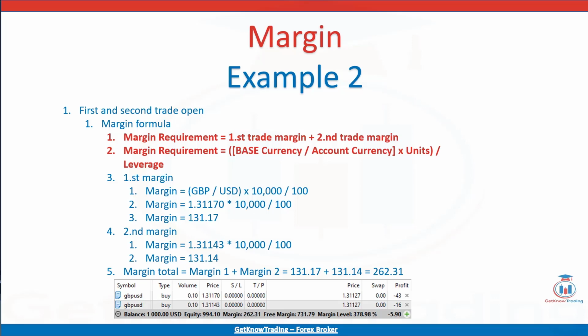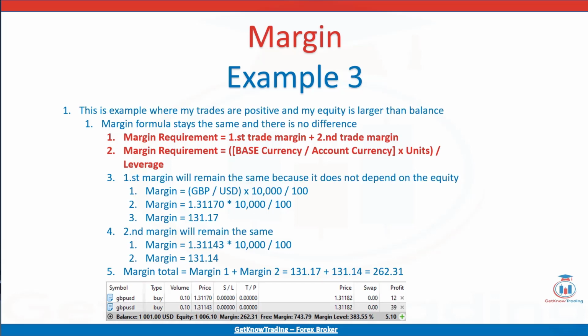Here is an example of how this looks when I have two trades open at the same time. First margin is equal to 131.17 and second margin is equal to 131.14. Total margin is 262.31 US dollars. And that is what you see in the MT4 when two orders are open. In the third example, I want to show you how margin looks when the trades are positive.